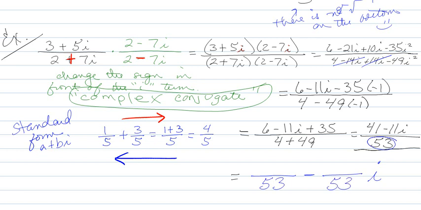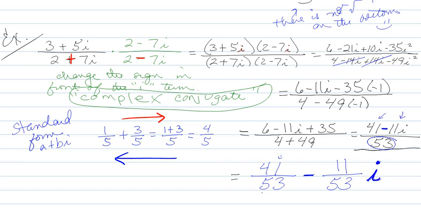Now, as for filling the rest of this out, the first number here is the real number here, 41. Got the minus sign because I plugged that in already. And then the number over here, the imaginary number, is that number here. And I wrote the I out already, so I'd be in the right format.